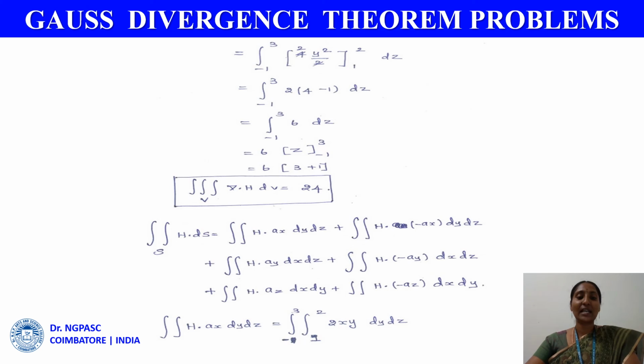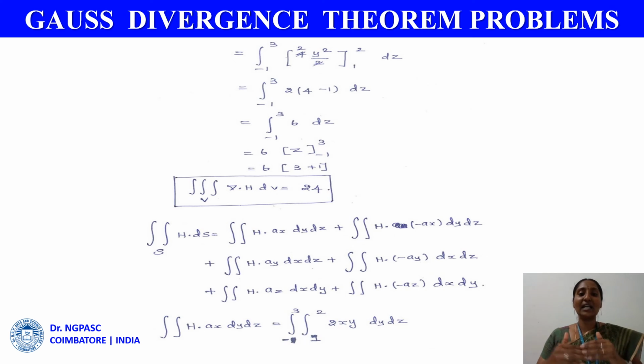The RHS is the surface integral of H dot ds. The surface of a cube is distributed over six sides, so you can imagine a cube. A cube has six faces: front, back, left, right, top and bottom.